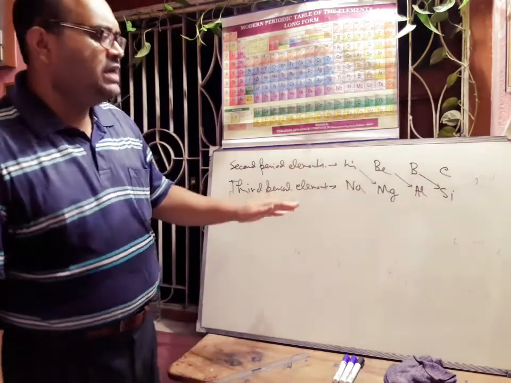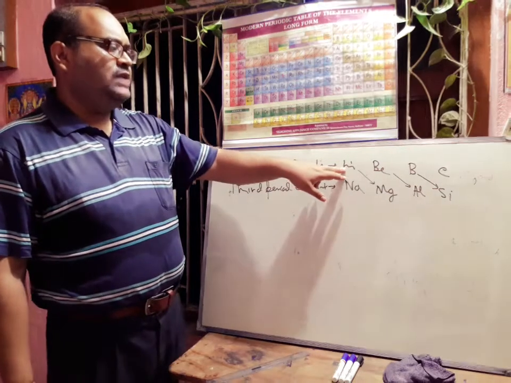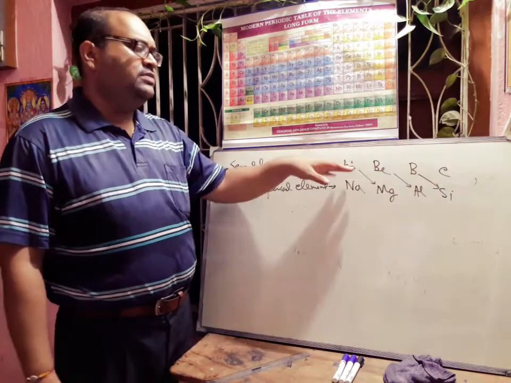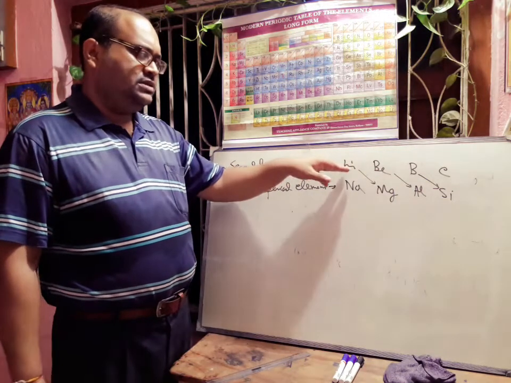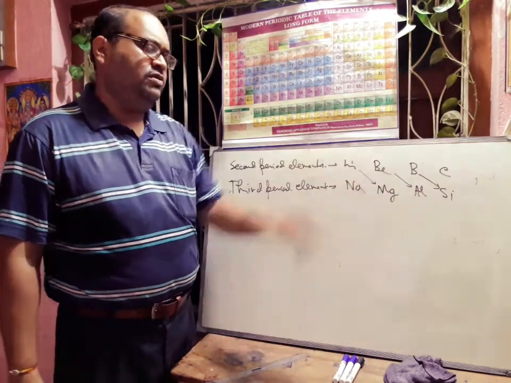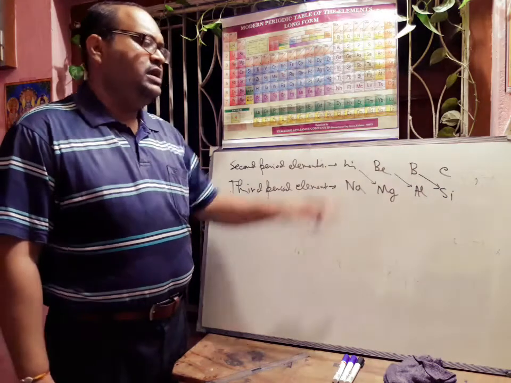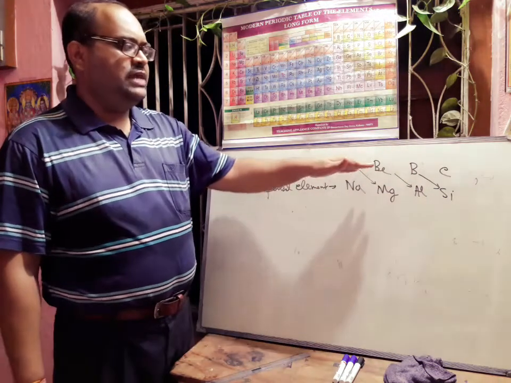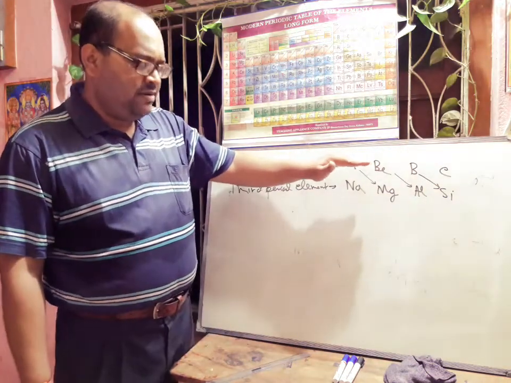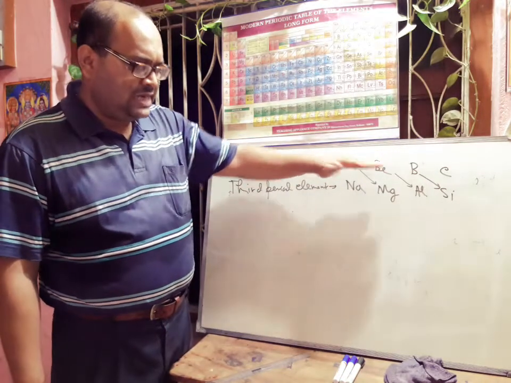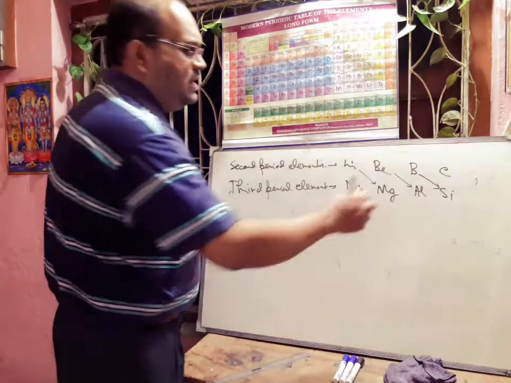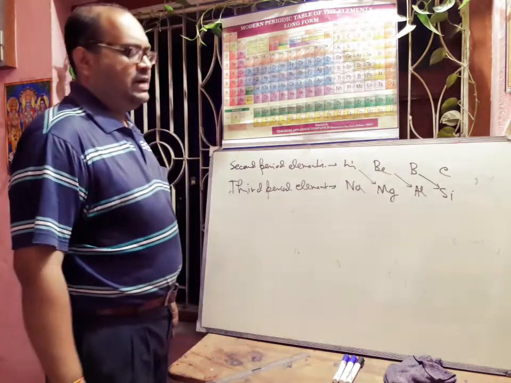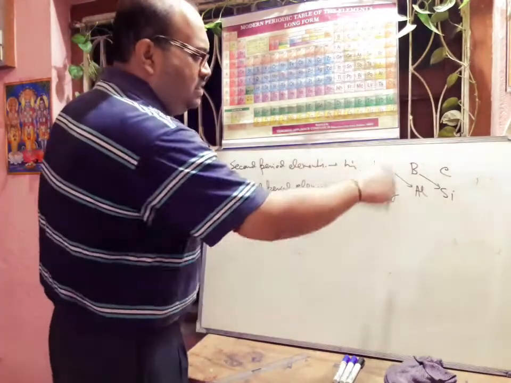If you think about electronegativity, from left to right the electronegativity value will increase, in the case of lithium to beryllium to boron. But whenever we go down, its value will decrease. So going laterally there is an increase in electronegativity value, and going vertically down it will decrease.